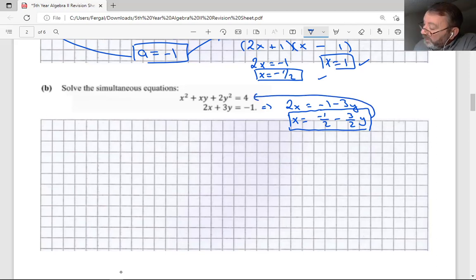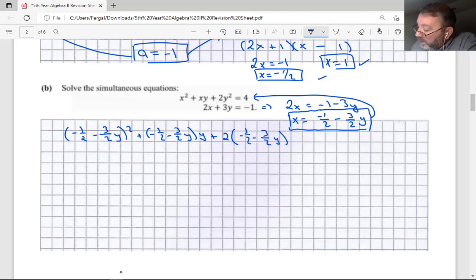So I'm going to end up getting minus a half minus 3 over 2y, all squared, plus minus a half minus 3 over 2y multiplied by y, plus 2y squared.